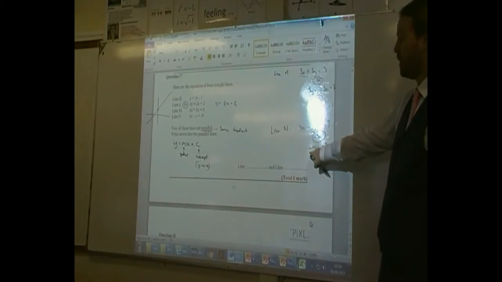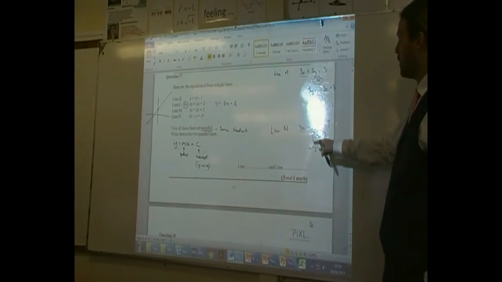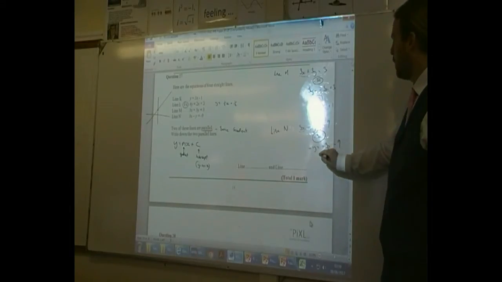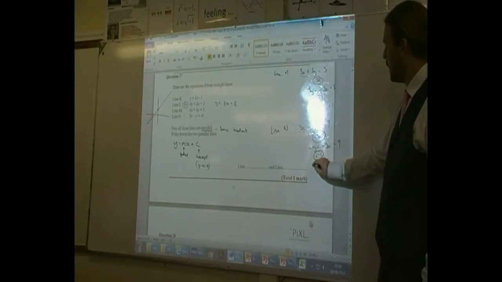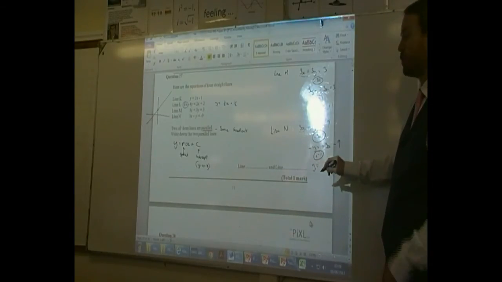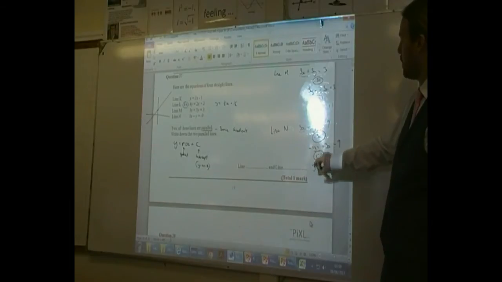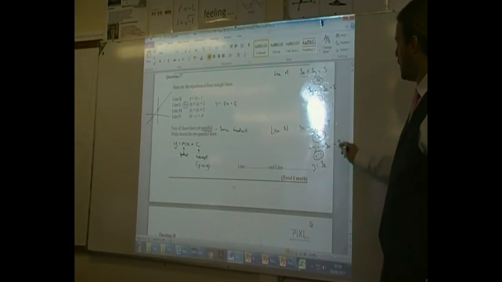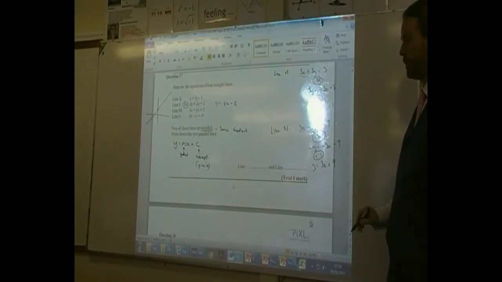And then that's negative y. So to get rid of negative y, I'm going to have to change all the signs, or multiply everything by minus 1. So if I multiply everything by minus 1, then minus y becomes plus y, minus 3x becomes plus 3x, and minus 9 becomes plus 9.